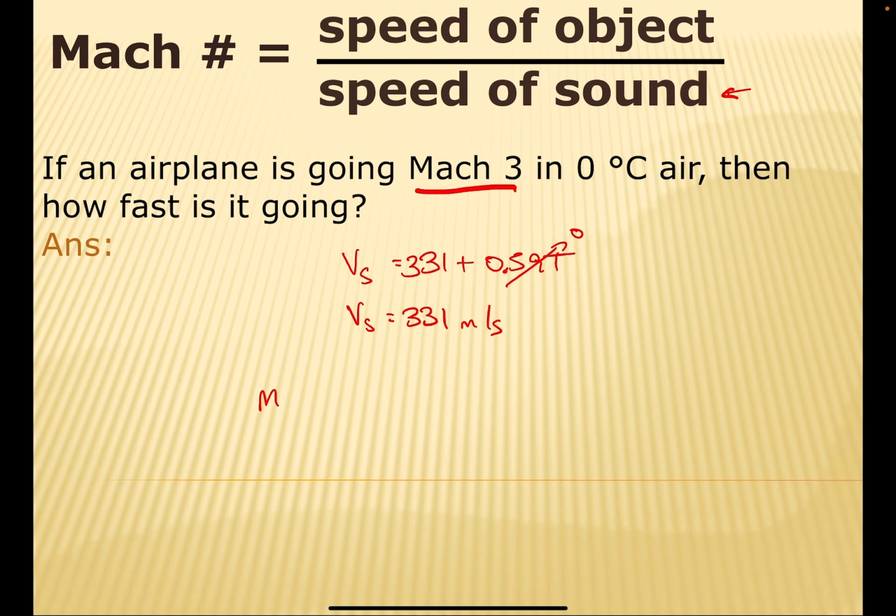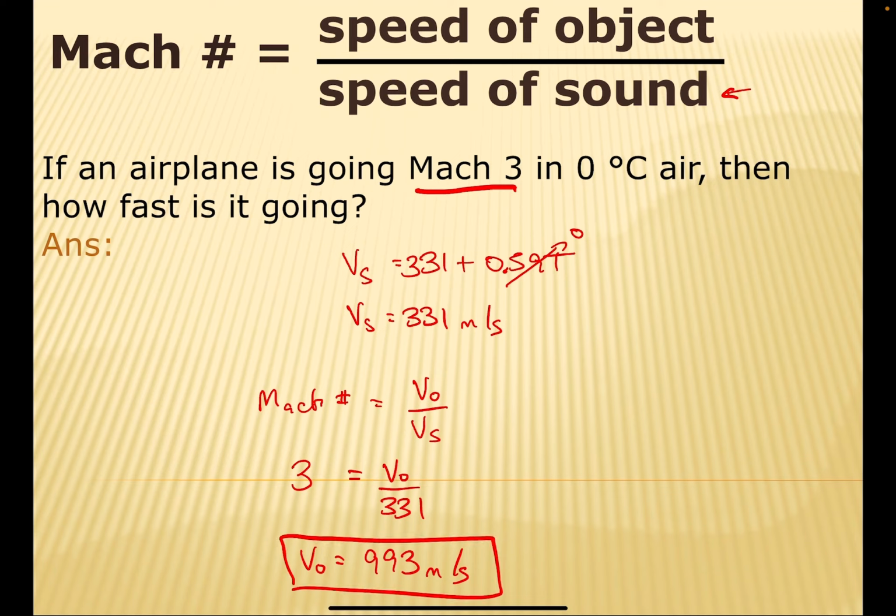Then we know our Mach number: Mach number is V object over V sound. In this case the Mach number is 3, and the speed of sound is 331. We can multiply those and figure out the object is going at 993 meters per second. I'm not totally sure what the sig digs are here. You could say it's about 1,000, but I'll leave this with no sig digs. The object is going about 993 meters per second.